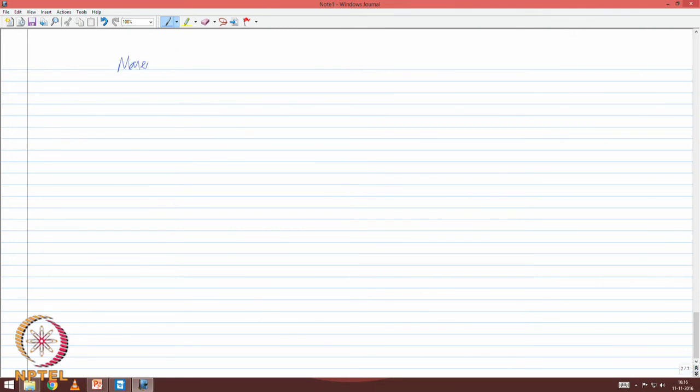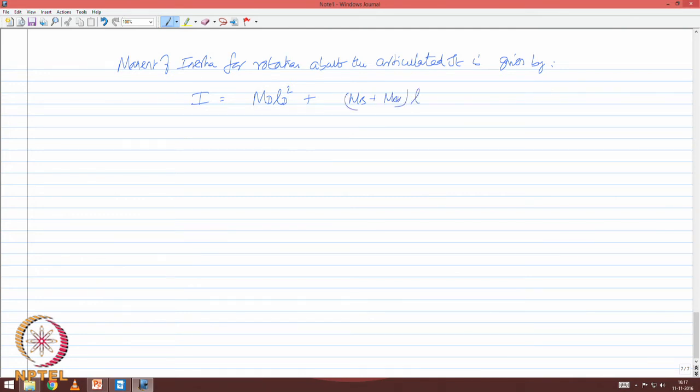The moment of inertia for rotation about the articulated joint is given by m_d L_d² plus (m_b + m_bh) L_b², where m_bh is the additional hydrodynamic mass, or what we otherwise call added mass, of the buoyancy tank.